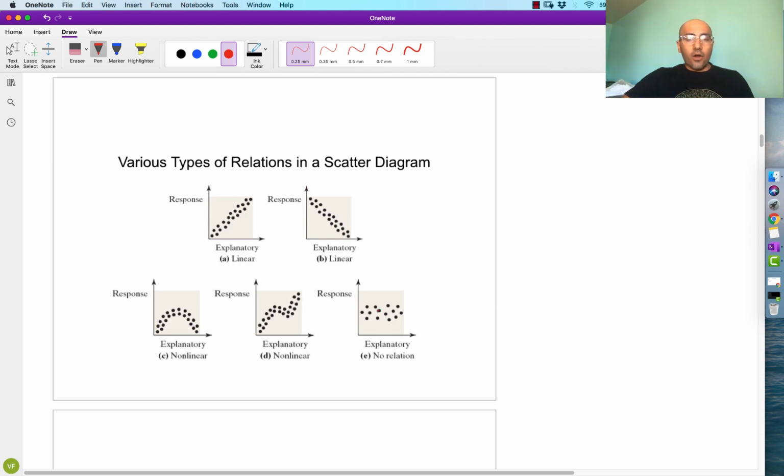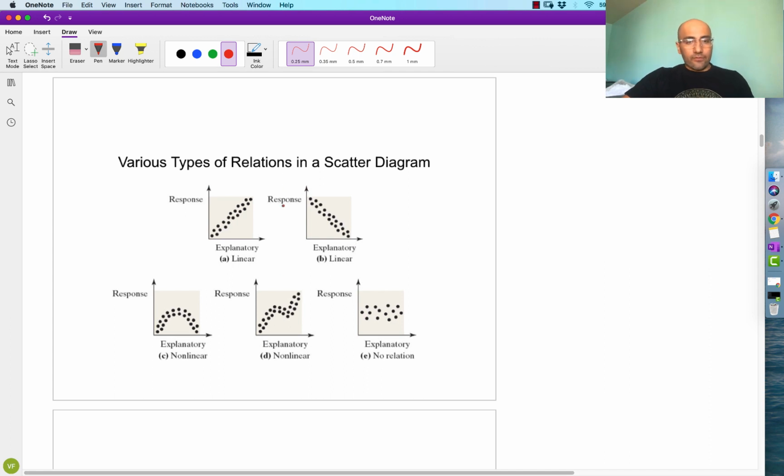In this class, all we care about is linear relationships. Yes, it's a linear relationship. No, it's not a linear relationship. If it's one of these down here, whether it's some complicated relationship or just random chaos, either way, all of these down here are simply classified as not linear, non-linear. Okay, so we just care about linear relationships.